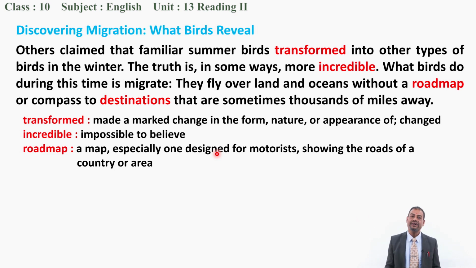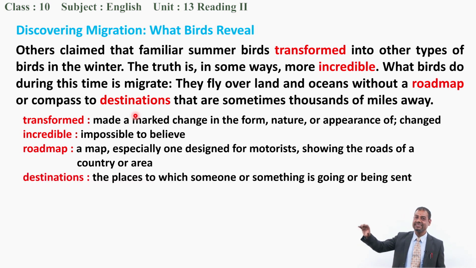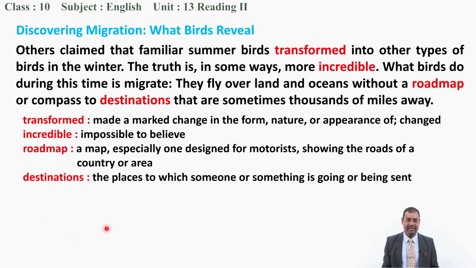Is that clear? Now the last word in this paragraph is destinations. So how do you pronounce? Yes, destination. So what does it mean? Good job. Destination means it is our new place where we want to go. For example, the places to which someone or something is going or being sent.